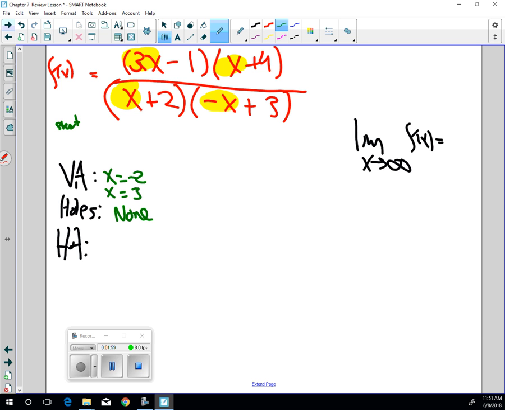Horizontal asymptote, you're going to take the greatest exponent of x, which is 3x times x is 3x squared, over x times -x is -x squared. So if you cancel those out, you're going to get y equal to -3. So that's the horizontal asymptote.